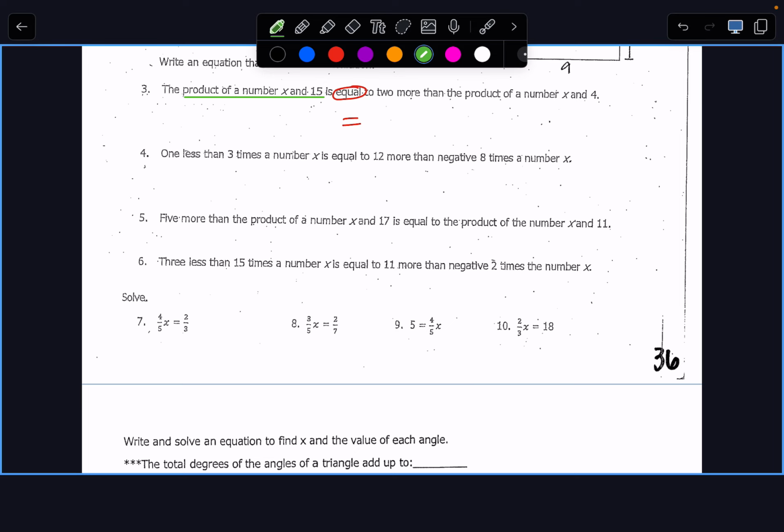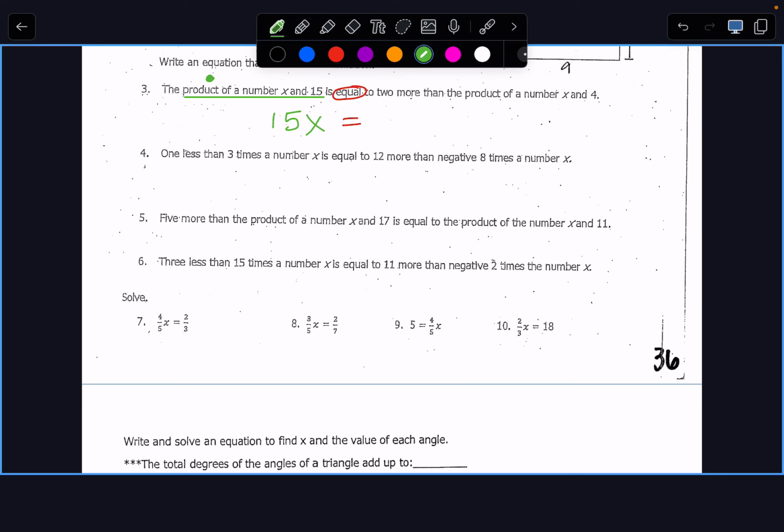Answer for multiplication. So I'm going to put a little multiply sign there as a little reminder. So I know that I need to take x times 15. Are you okay if I write that as 15 times x instead? It'll just look kind of nicer. If you write x times 15, I'm not going to be upset. But 15x looks a little nicer.